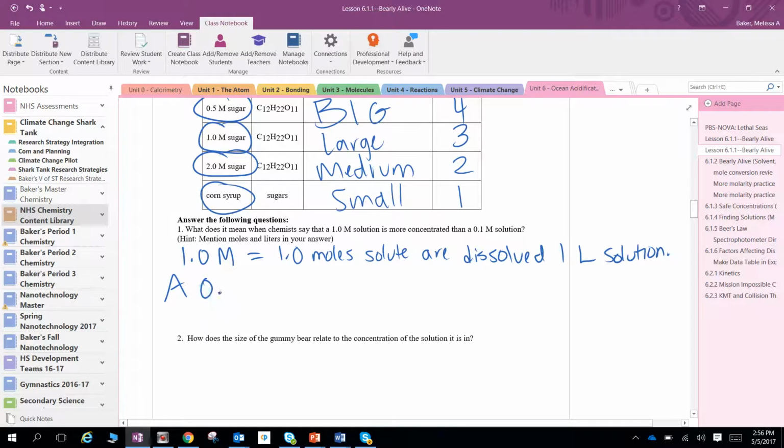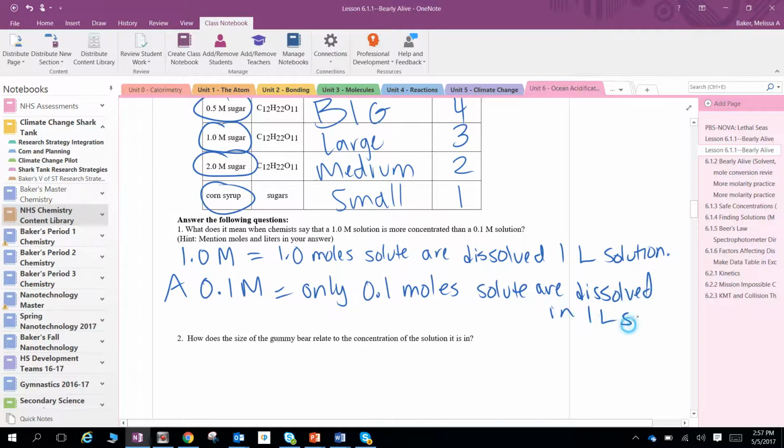A 0.1 molar solution is only 0.1 moles, so a tenth as many solute are dissolved in 1 liter of solution. There we go. So the more there is, this one would be more concentrated. That's the correct terminology that goes with that.